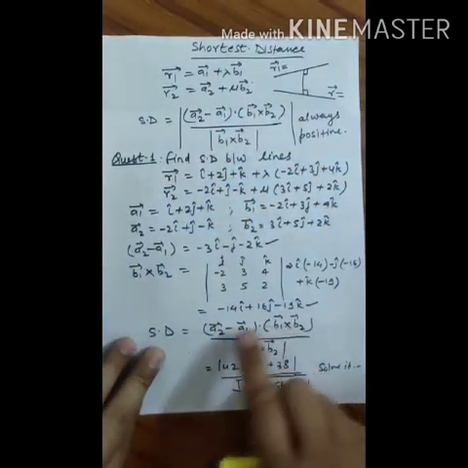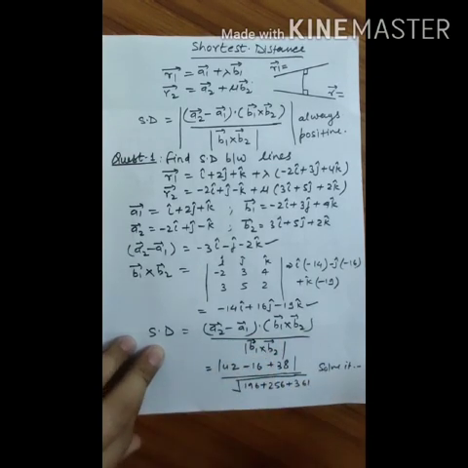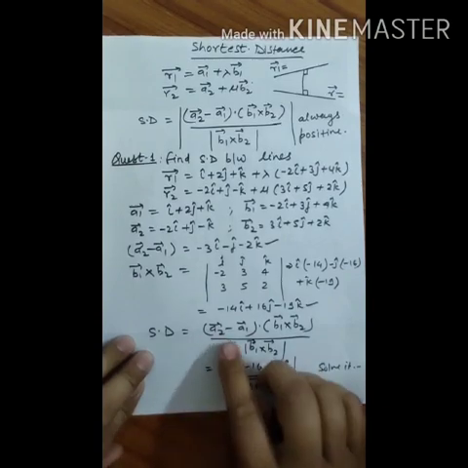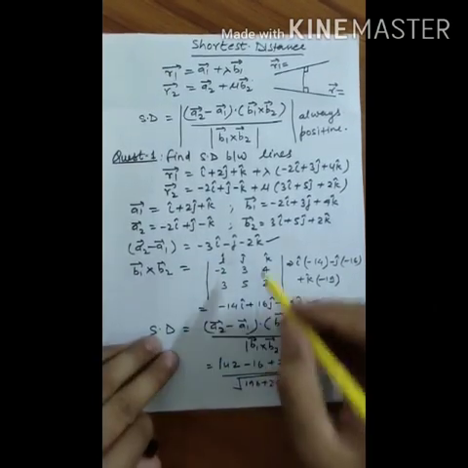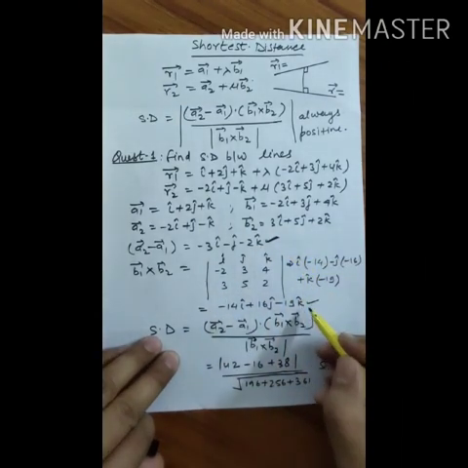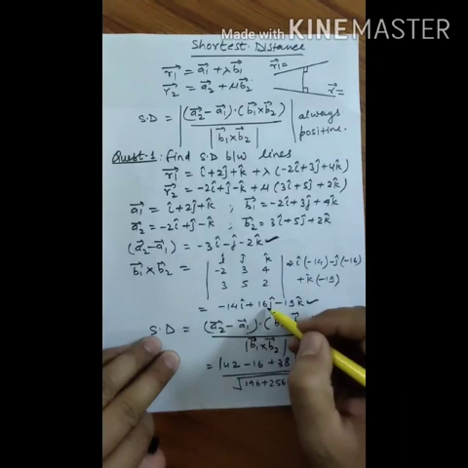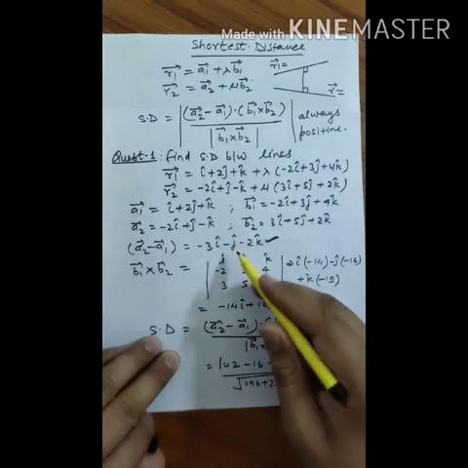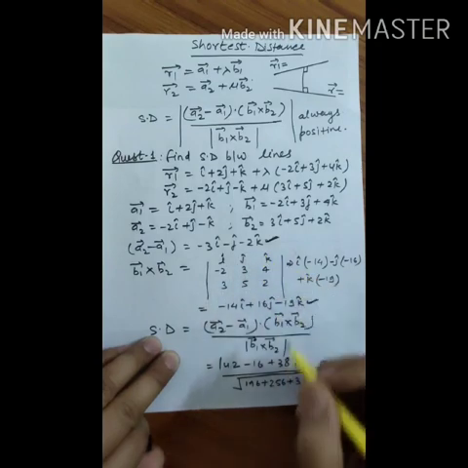Write the formula again: a2 minus a1 dot b1 cross b2 upon magnitude of b1 cross b2. So a2 minus a1 is this much, and we have to find the dot product of this and this. So minus 14 into minus 3 plus 42, minus 16 into minus 1 plus 16, minus 19 into minus 2 plus 38.